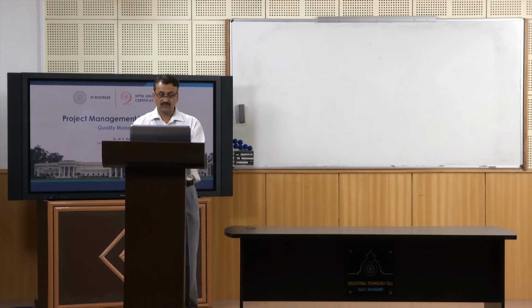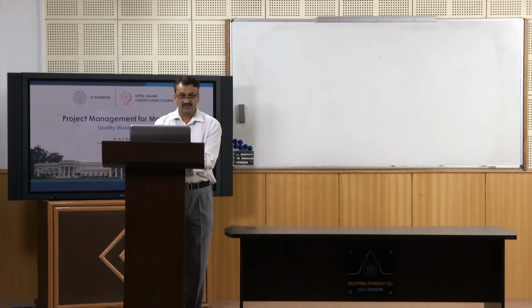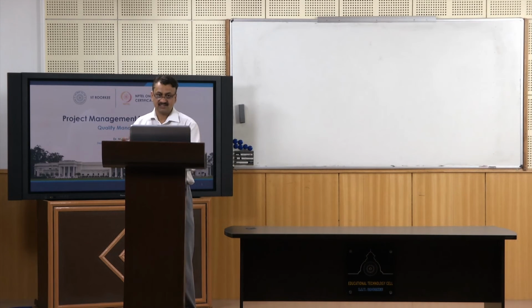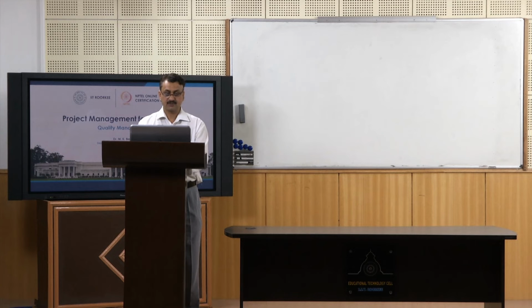Once you define the problem, then you measure it. It should be measurable. There should be some number. How to measure? There are different tools available. For defining the problem also there are certain tools available. Then you have to analyze the problem. Analyze what?